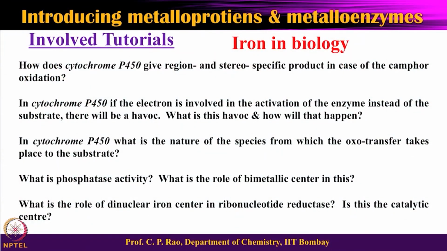Let us look at some more iron in biology. How does cytochrome P450 give a regio and stereospecific product in the case of camphor? Camphor oxidation I have already shown in the class. As you know, the camphor is held by the secondary interactions of the protein at the cavity above the porphyrin heme level, such that that particular carbon is poised exactly on top of the iron center.